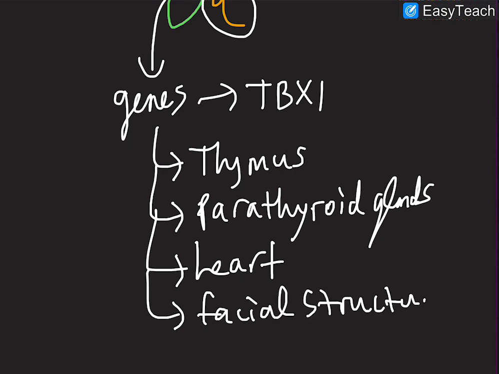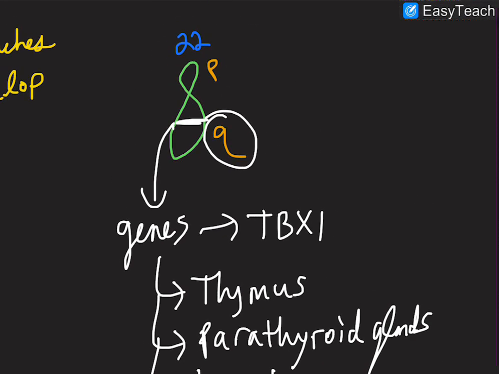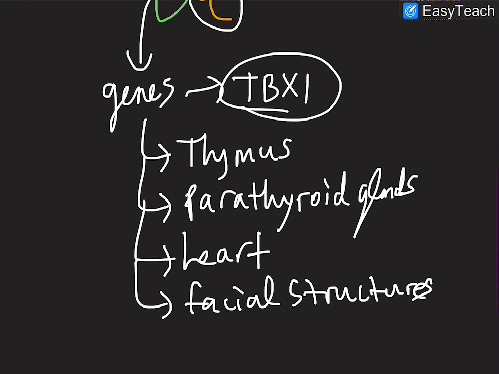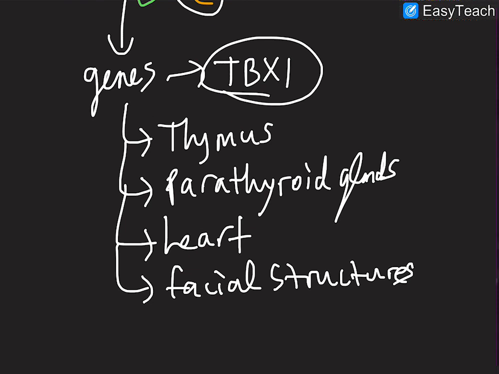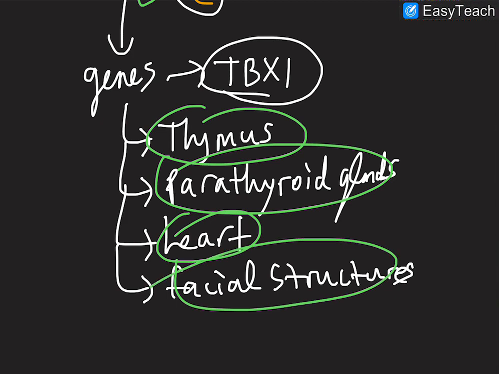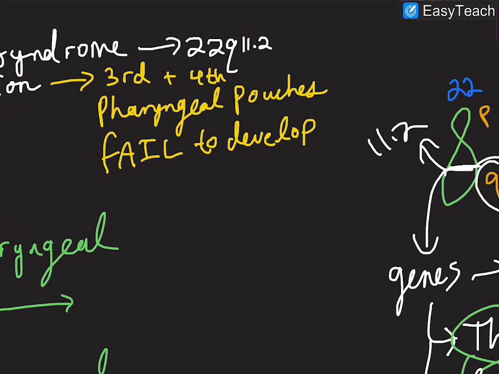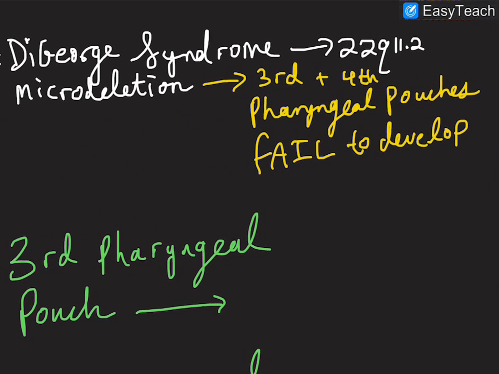So of course, if there's a deletion of this band, the 11.2 band, the specific location at which a deletion is occurring, and that deletion affects the TBX1 gene, we can expect to see abnormalities in the thymus, the parathyroid glands, the heart, and certain facial structures. So that's what the 22q11.2 deletion means when talking about DiGeorge syndrome.